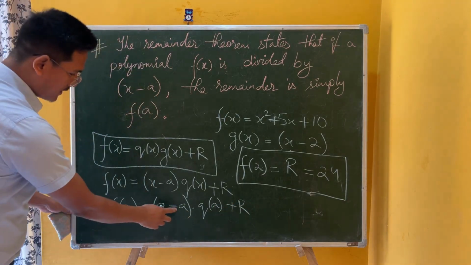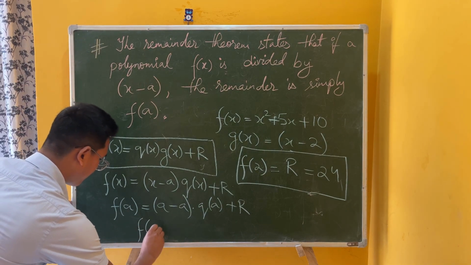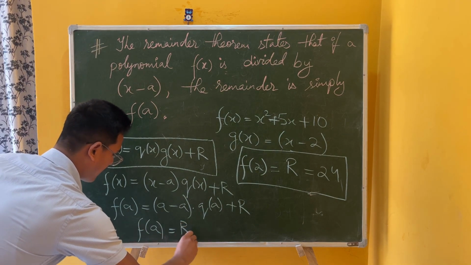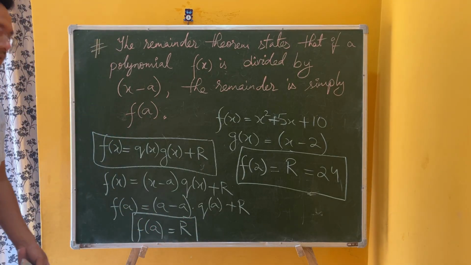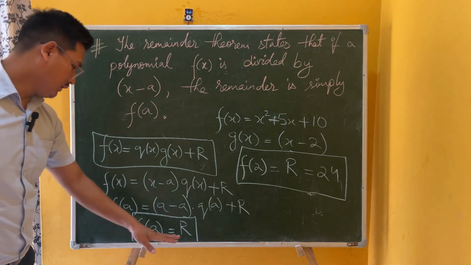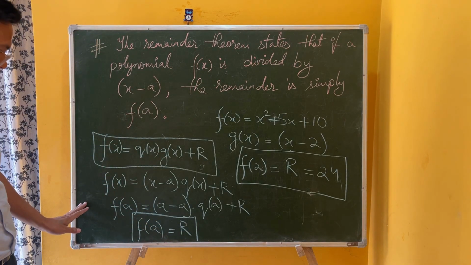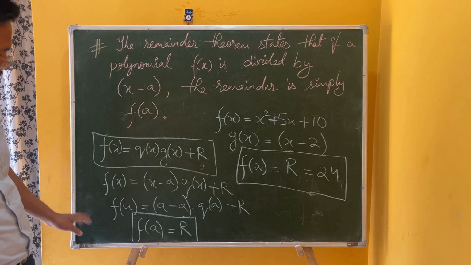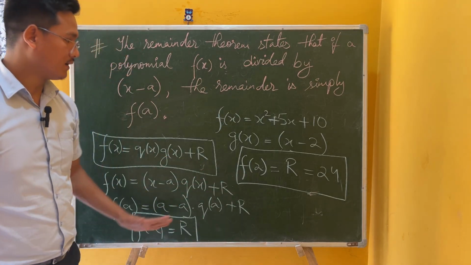Now look here, a minus a is 0, 0 into this is 0. So you get f of a equals r. So from the division algorithm only, we are getting the remainder using the formula. So this is how, when we plug in the value of x, we are getting the remainder.